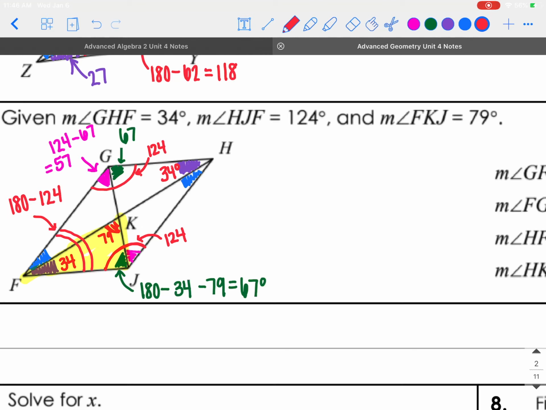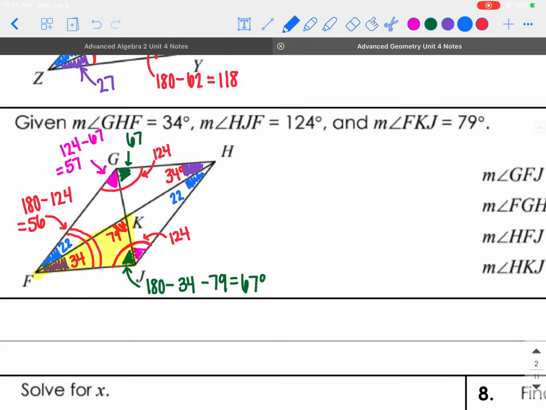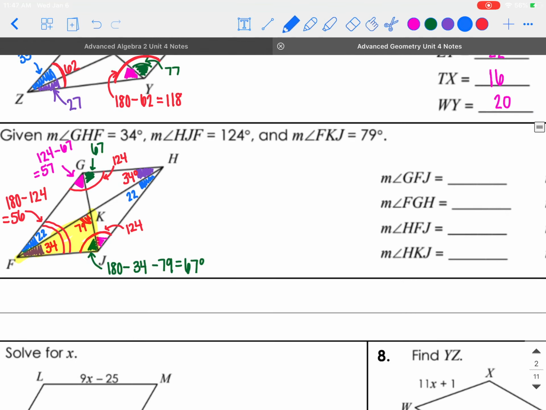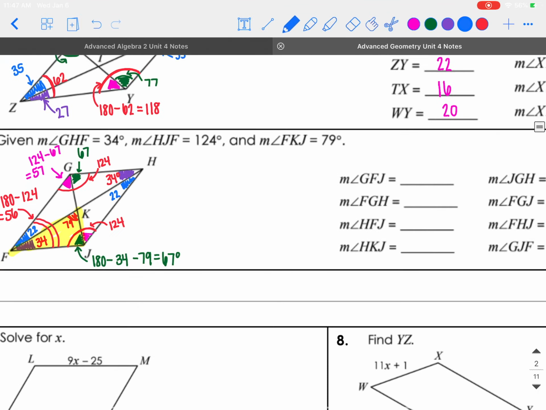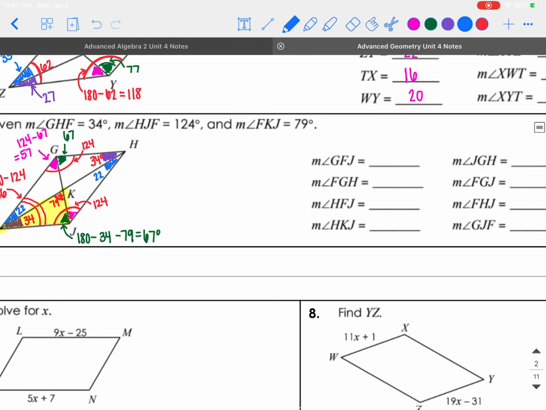So that whole angle should be 56. If the whole angle is 56, then the blue has to be 22, because 22 and 34 make 56. I know it's really confusing, so you kind of just have to take it really slow and look back at all of the examples.